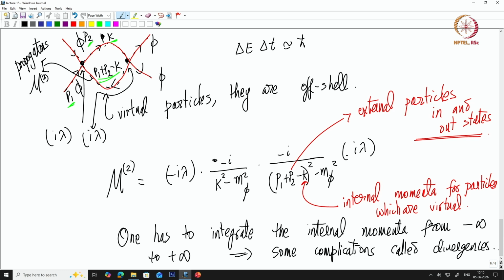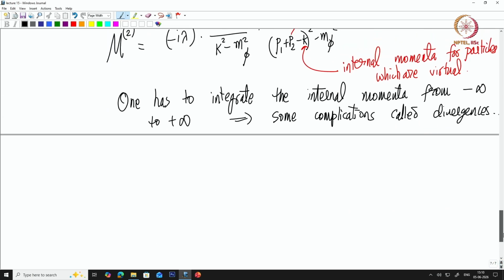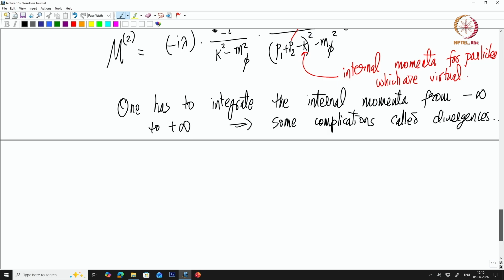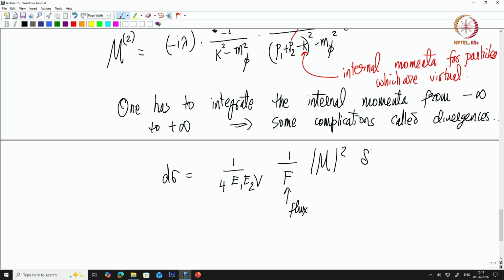So I can calculate the full differential cross section, given by this amplitude I have got. The differential cross section, you can check it out, will be given by 4 E1 E2 V, some volume factor, and then there is a flux, and then mod M squared, and then you also have the phase space factor.